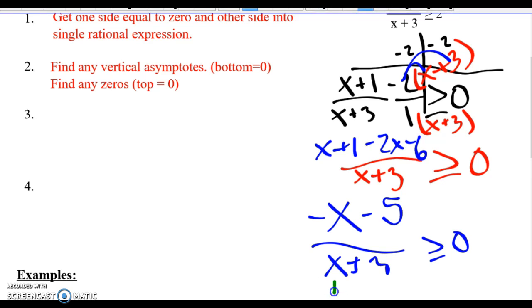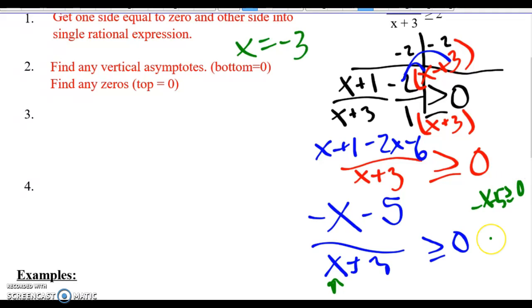Okay, I see a vertical asymptote at x equals negative 3. And I see a 0 from the top. So negative x minus 5 is greater than or equal to 0.